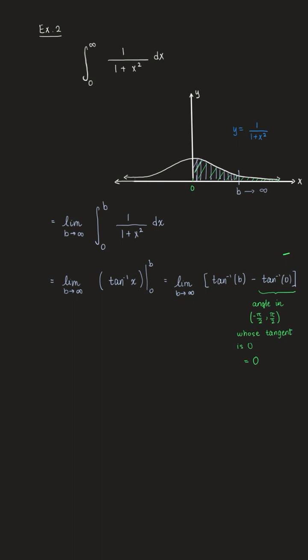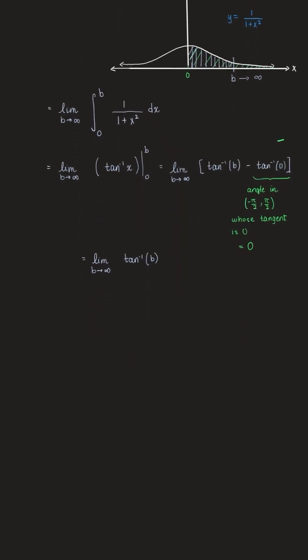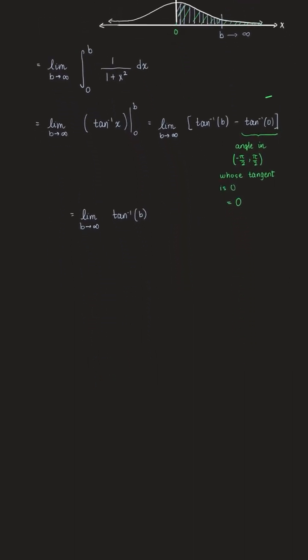All right, now let's talk about how we are going to evaluate the limit as b approaches infinity of tangent inverse of b. To do that, we need to see what the tangent inverse function looks like and how it behaves as b gets arbitrarily large. So I'm going to draw a sketch of tangent inverse, which is the inverse of the tangent function.